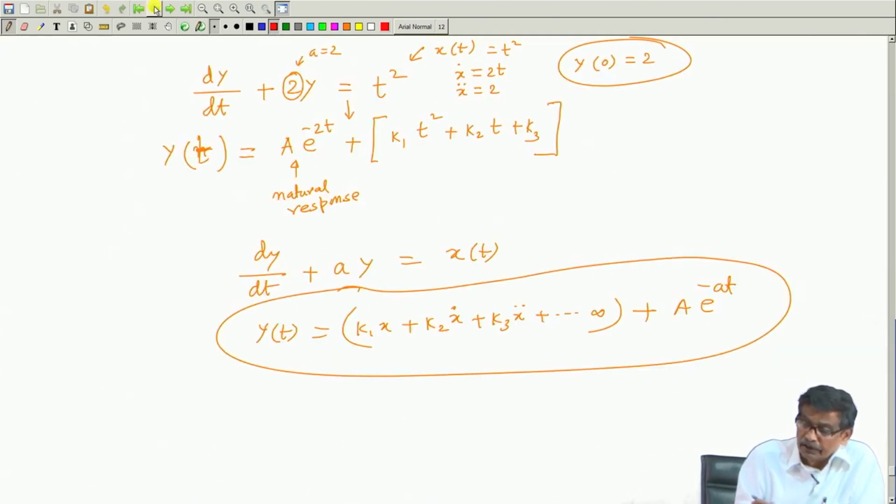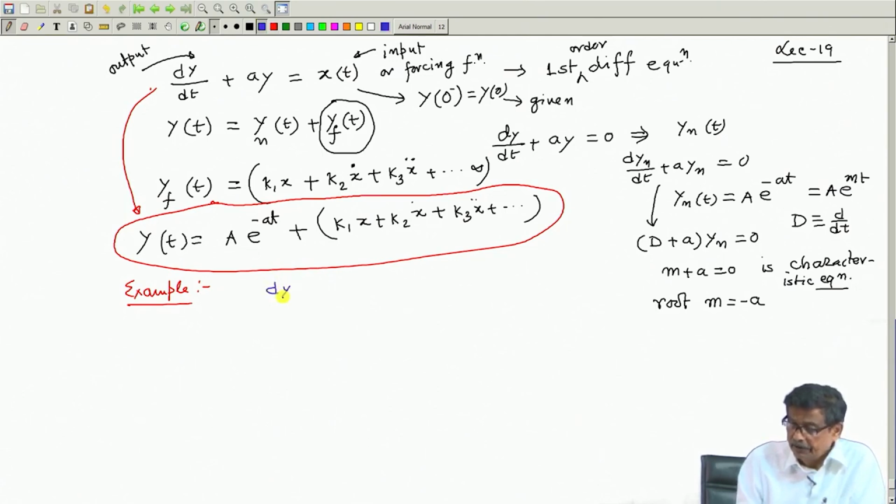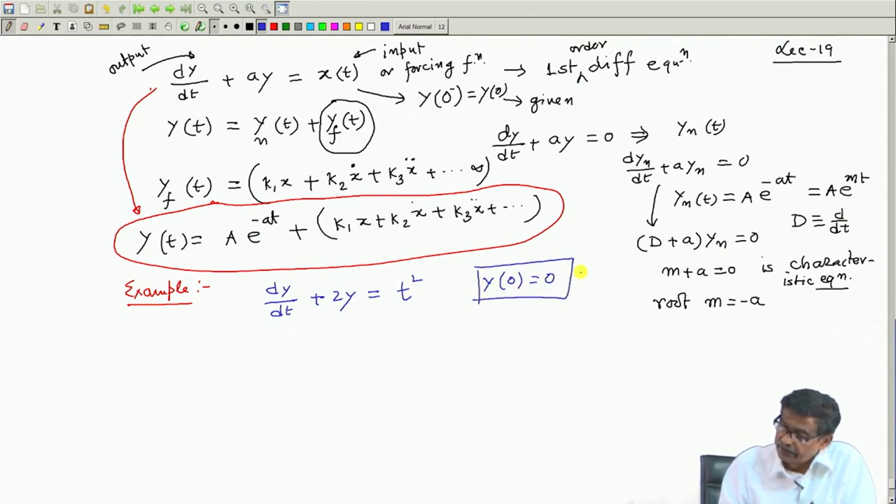For example, last time I was doing a problem. Suppose the equation is dy dt plus 2y is equal to t square, and it is given that y 0 is equal to 0, this boundary condition is given, and get the total solution of the system.